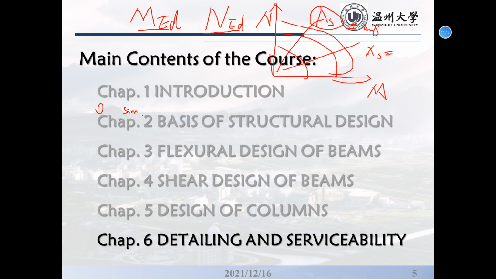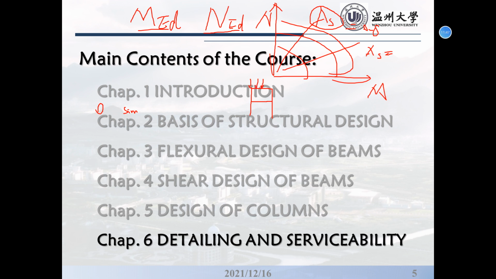We use our knowledge, that knowledge may be learned from material mechanics and structural mechanics, and we can simplify the real buildings as a frame structure, like this, and consider the load applied to the structure. This semester, we do not talk about the wind load or the live load or the dead load. We just know the values, directly applied to the structures.